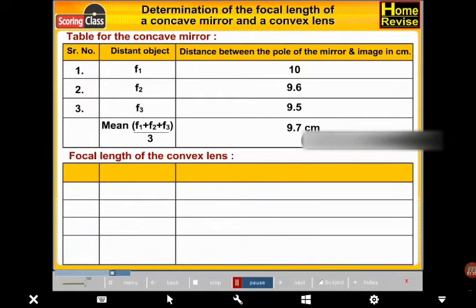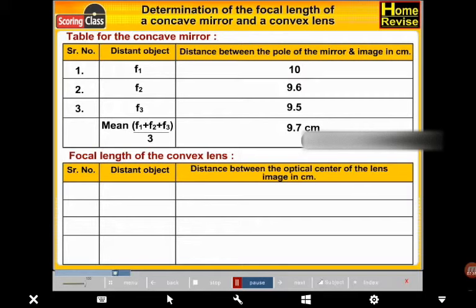Next is the table for the convex lens: serial number, distant objects, distance between the optical center of the lens and the image in centimeters, and we can find the mean distance.